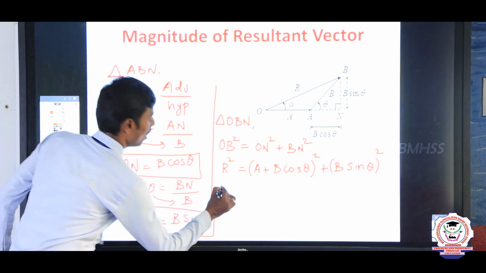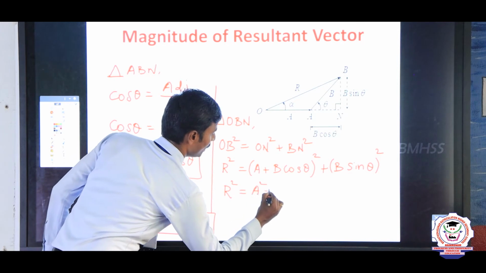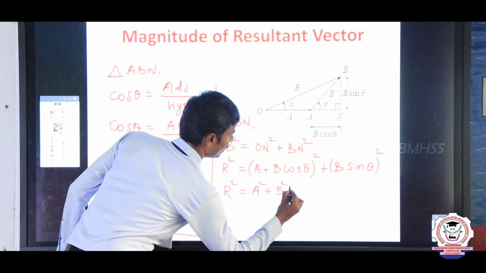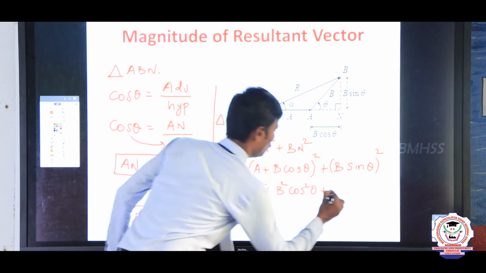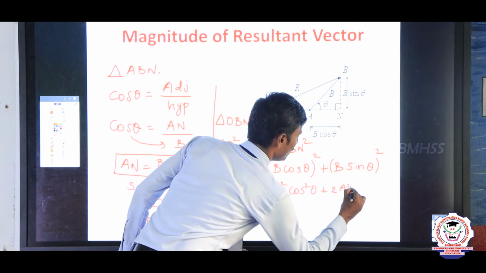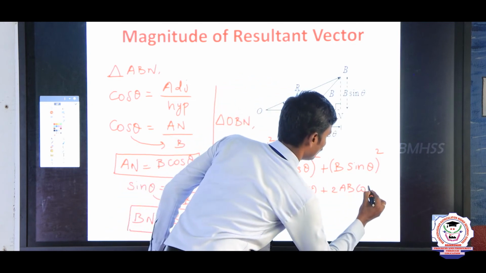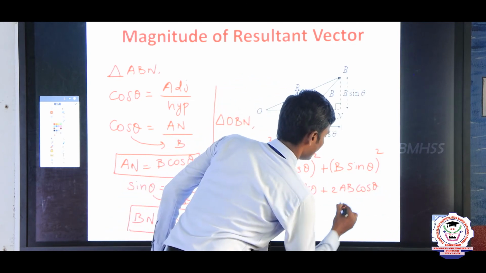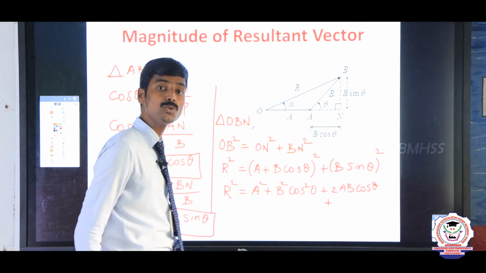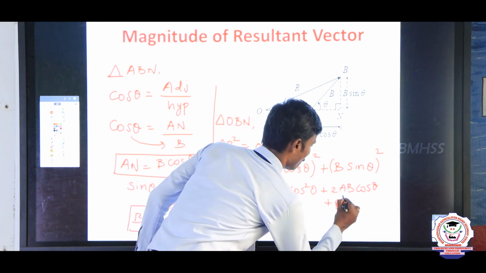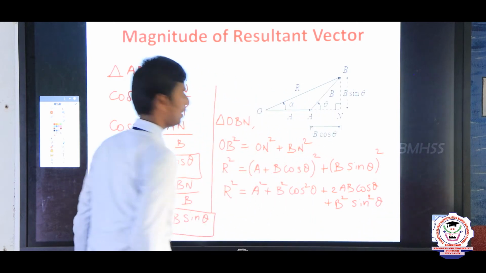Applying here, R square equals A square plus B square cos square theta plus 2AB cos theta, plus B sin theta whole square, which is B square sin square theta.